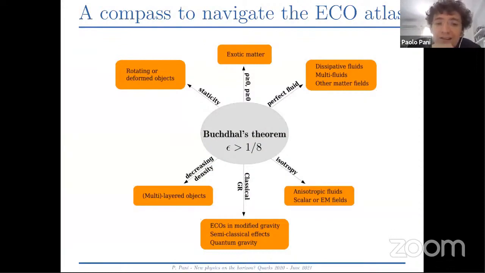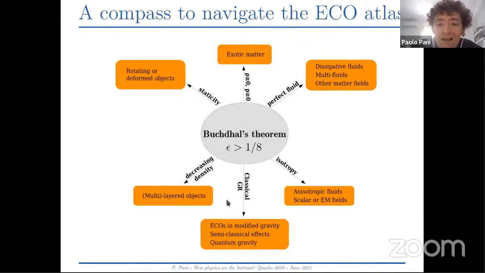In GR, there is an important theorem due to Buchdahl showing that, under certain hypotheses, this epsilon parameter cannot be arbitrarily small. So there is no continuous limit to the black hole case. Epsilon has to be bigger than this number. Of course, this is a theorem with many hypotheses, and by relaxing each one of them, one can try to break the Buchdahl limit and produce much more compact objects.